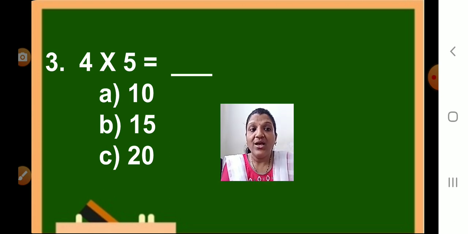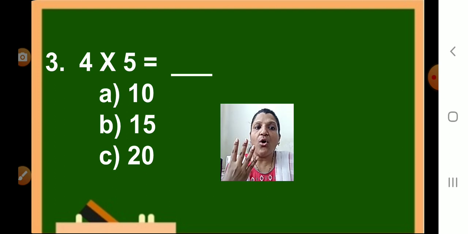20. Correct. If you have learned all the tables carefully, properly, then you can give this answer directly, right? Otherwise, you can even say the table from the start. Like 4 1s are 4, 4 2s are 8, 4 3s are 12, 4 4s are 16, 4 5s are 20.